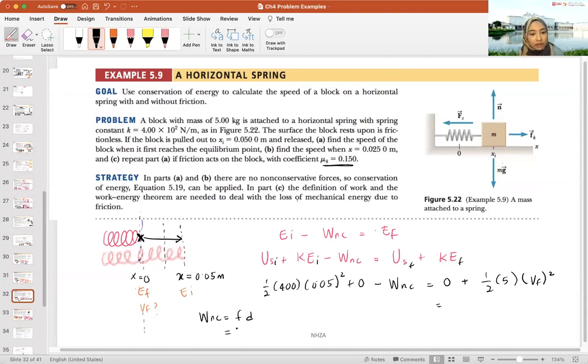Friction is mu R. What is my R? Let's look at our free body diagram here. Dah ada free body diagram dah. What is my R? R is equal to mg. Why? Why is it equal to mg?